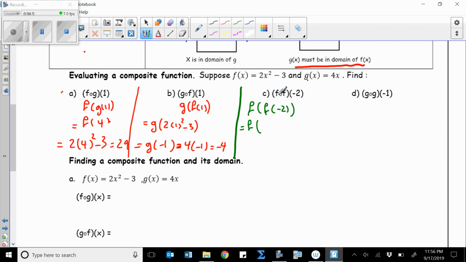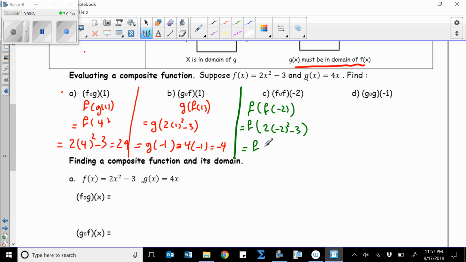The inside one, f of negative 2 is 2 times negative 2 squared minus 3. So I just replace this negative 2 for x. Okay, so this is negative 2 squared, which is 4, times 2 is 8, minus 3 is 5. So inside parentheses was 5.